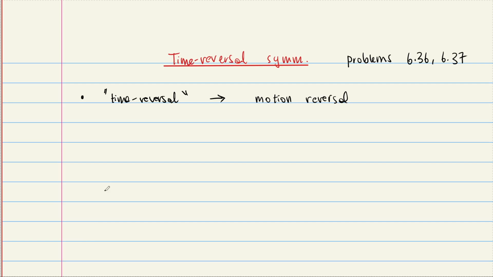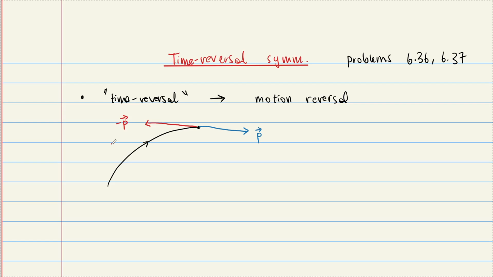The basic idea is you have some path. The particle is going through some path, and suppose this is at t equal to 0, and I have some momentum p. What we mean by time reversal is that right at that point we reverse p, to minus p, and let the system evolve. That's the operation.